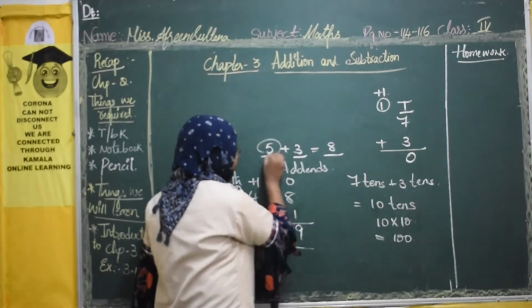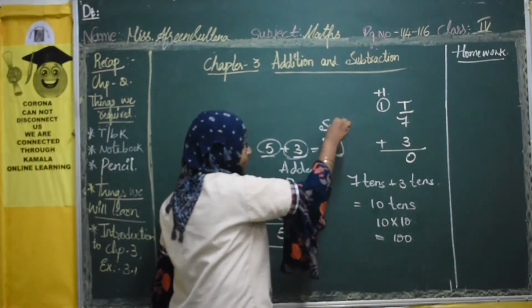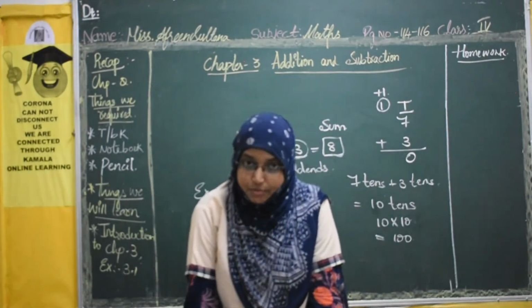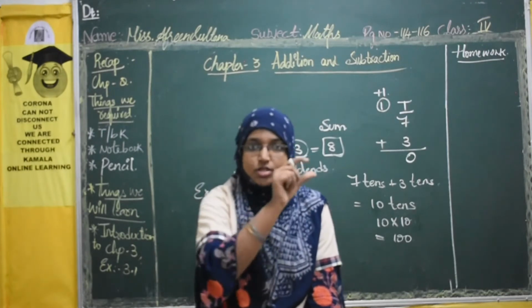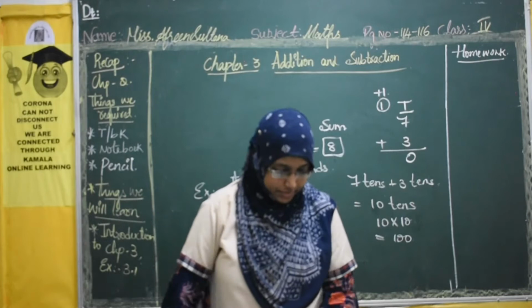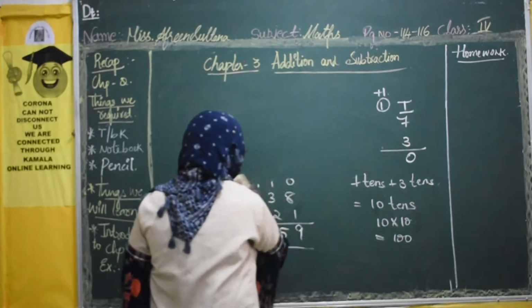This is added, this is also added. The value you got is your sum. So we will see exercise 3.1, where they have only given the numbers, and we simply need to add up and write down. Okay? So I request everyone to open classwork.